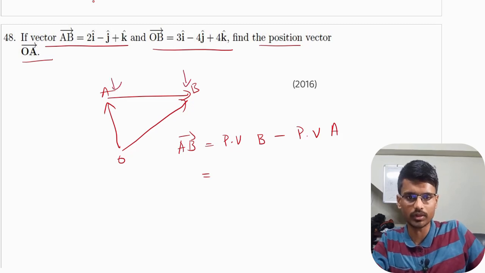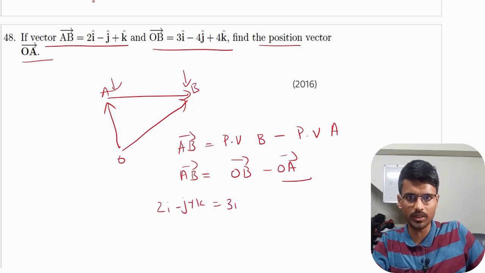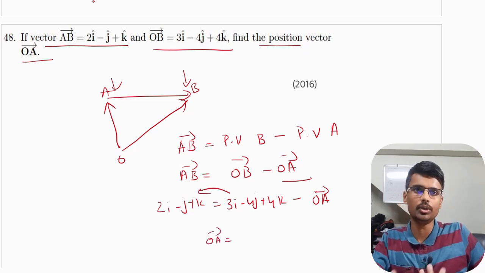The position vector of B is OB, so AB is OB minus OA. So I just need to substitute here and find my OA. AB is already given to us, 2i − j + k. OB is 3i − 4j + 4k, and OA is what I need to find. So this can be easily found. Just shift all of them here and you will get your answer. I have attached a PDF. You can refer to that and you will get all the solutions.